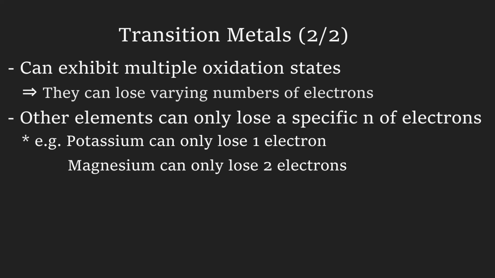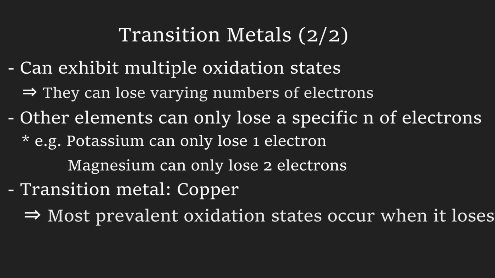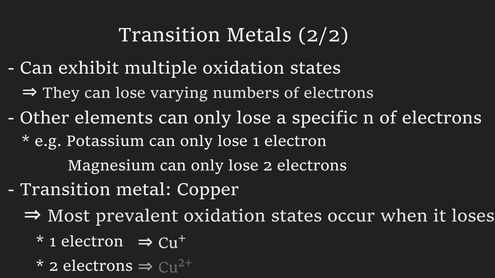On the other hand, when we consider a transition metal like copper, we observe that it can lose different quantities of electrons. For copper, the most prevalent oxidation states occur when it loses either one or two electrons. Therefore, Cu+ and Cu2+ represent the two main oxidation states of copper.